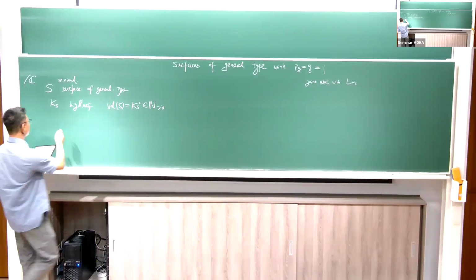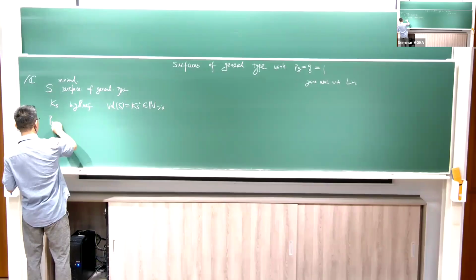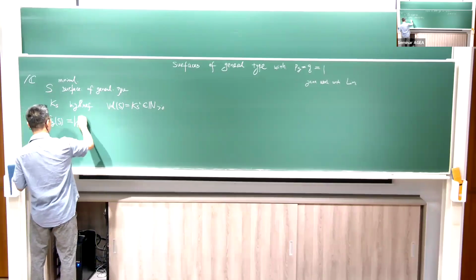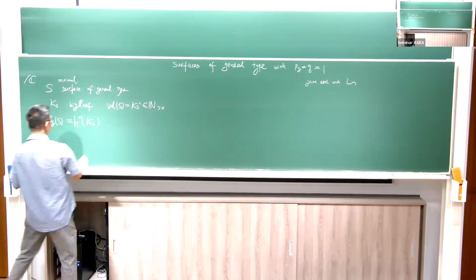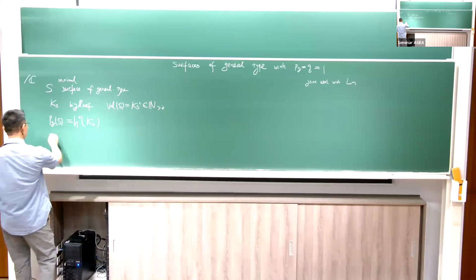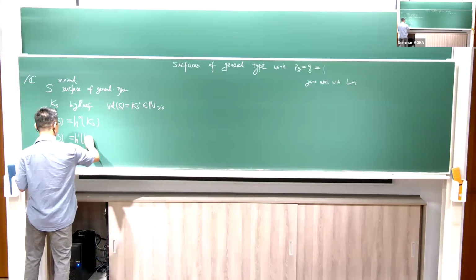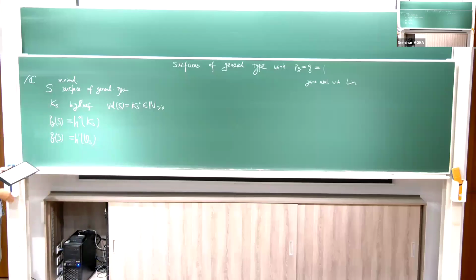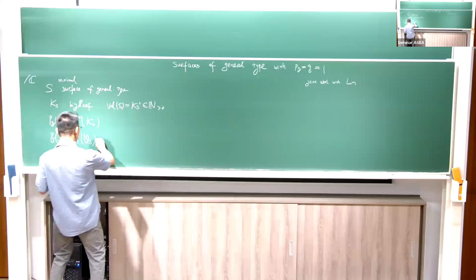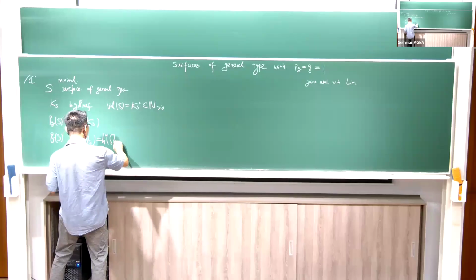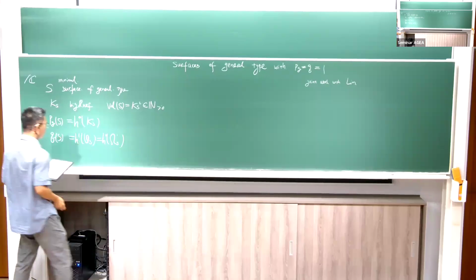For example, we have the geometric genus, which is the number of global sections of the canonical bundle, and we have the irregularity. By Hodge symmetry, this is also the number of global one-forms of O_S.